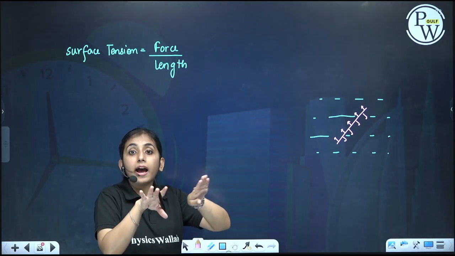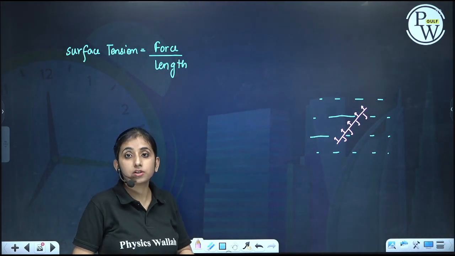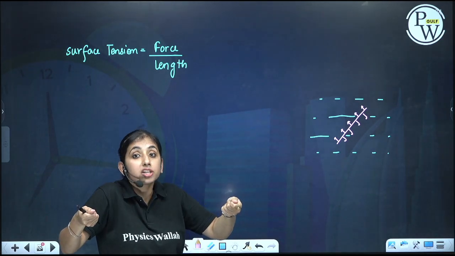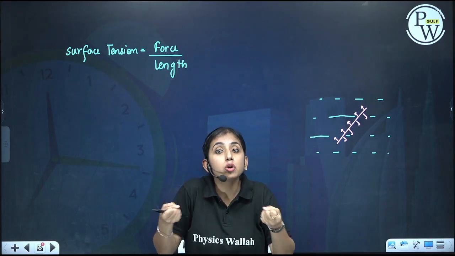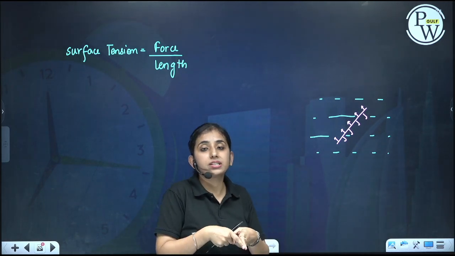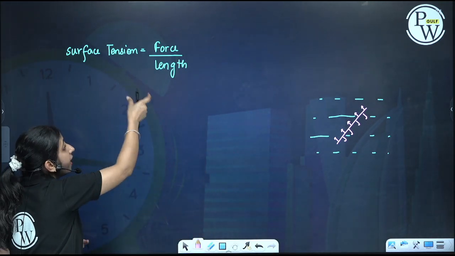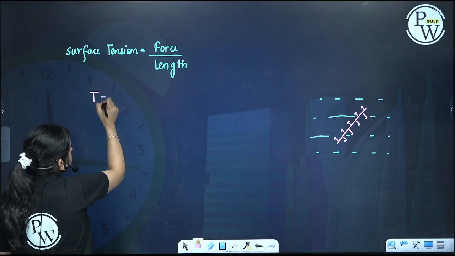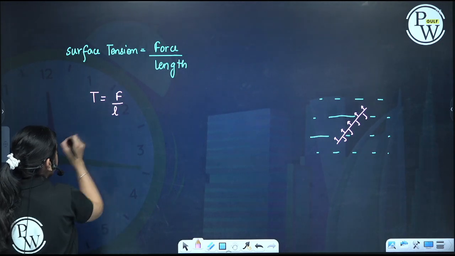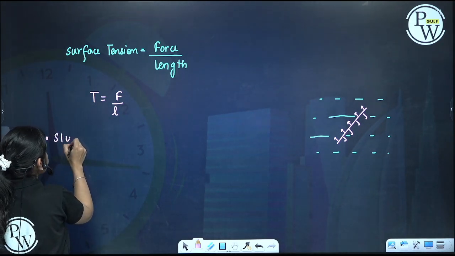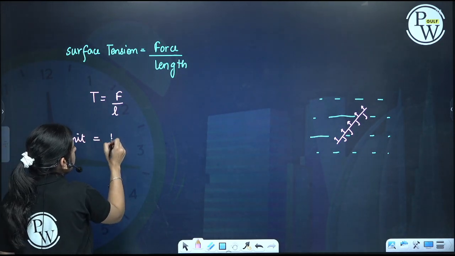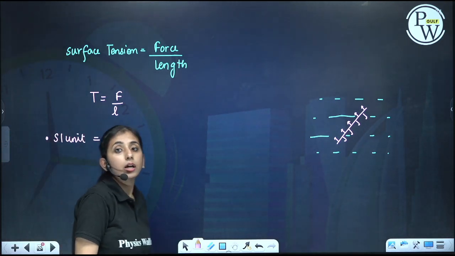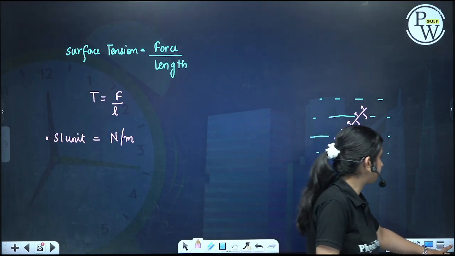They will have some force due to surface tension because they want to minimize the surface area, so it behaves like a stretched membrane. So there is a force on each molecule due to surface tension. That force divided by length, we can find as surface tension. So T is equal to F by L. Its SI unit will be Newton per meter.